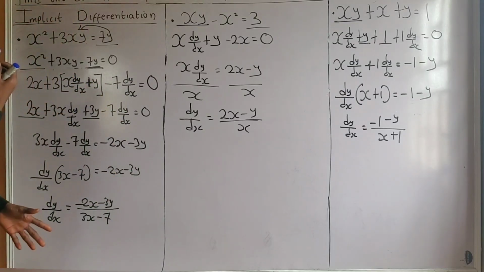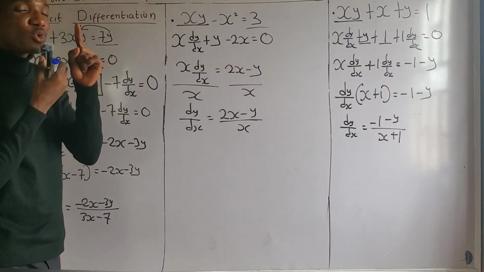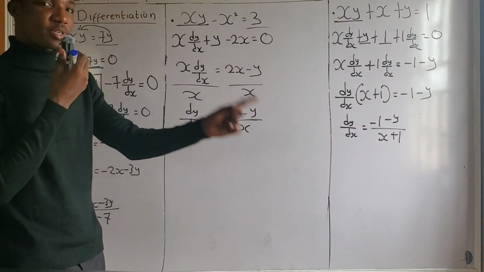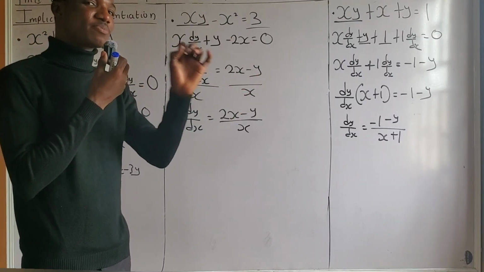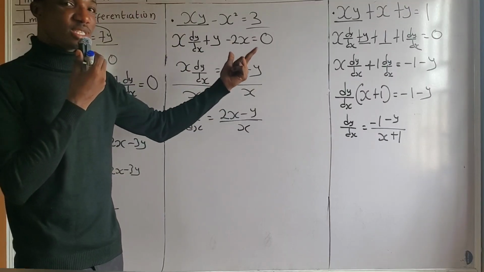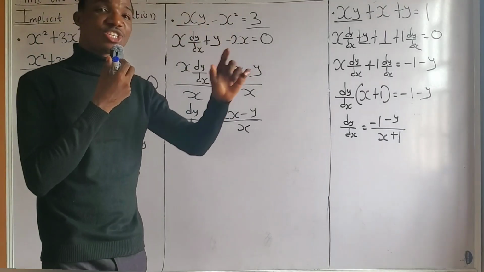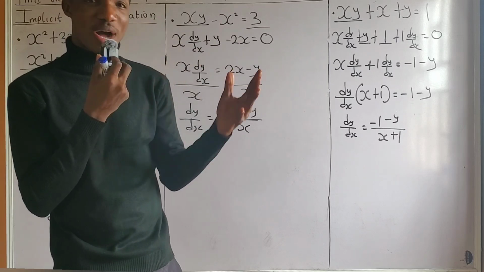In differentiating a function implicitly, the first step is that you have to identify what you are differentiating and what you are differentiating with respect to. In this function, we are differentiating y with respect to x. That means anytime we differentiate a component of y in this function, you're going to multiply that derivative by dy over dx.